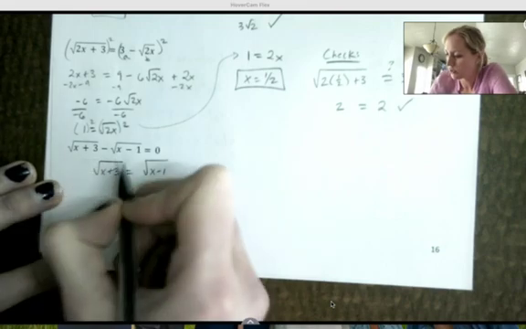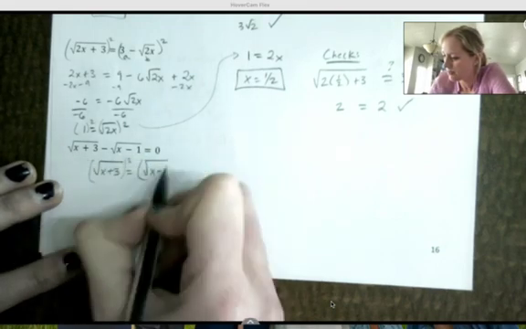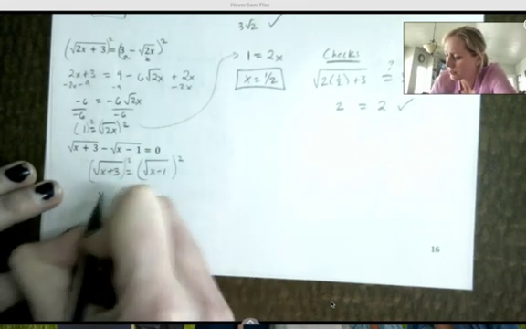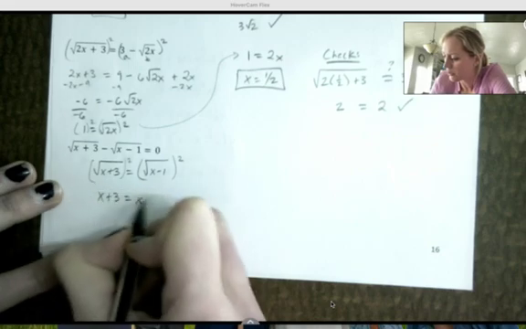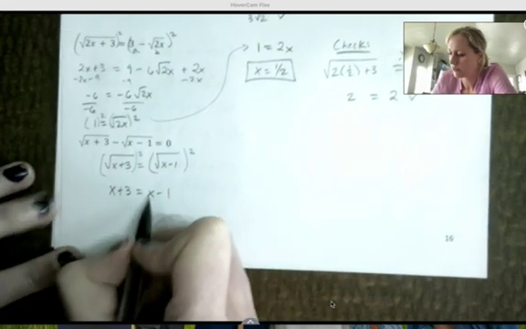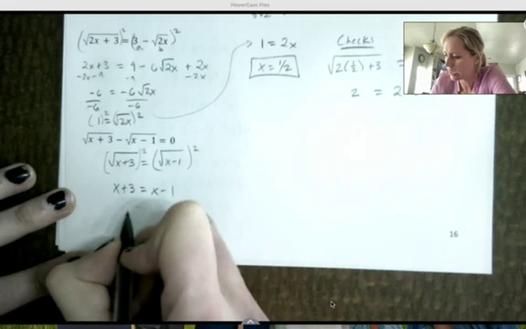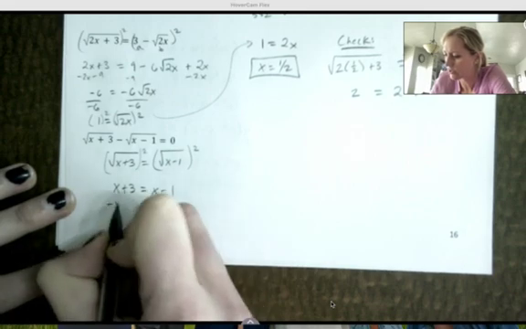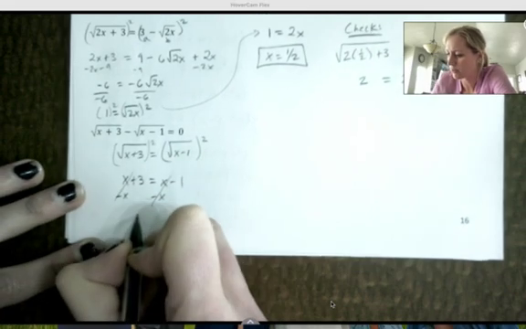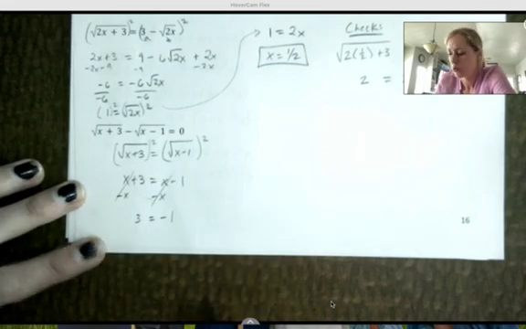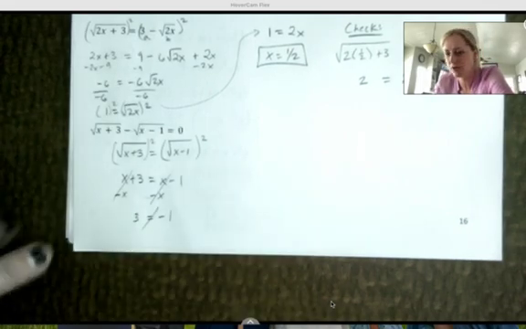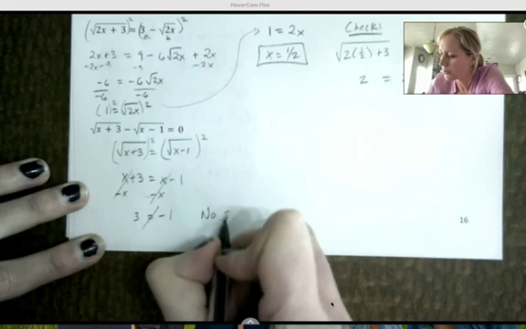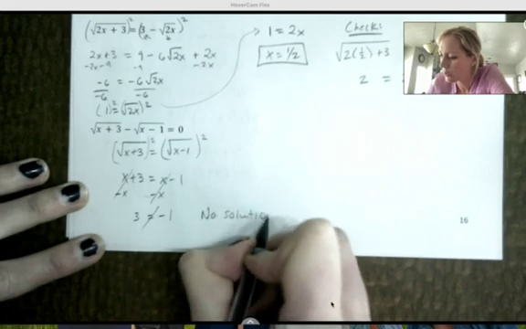And then from here, I'm going to square both sides to get rid of the radical. So we have x plus 3 equals x minus 1. Subtract x. When I do that, you'll notice the x's both go away and we're left with 3 equals negative 1, which we know is not true. So this would be a no solution problem.